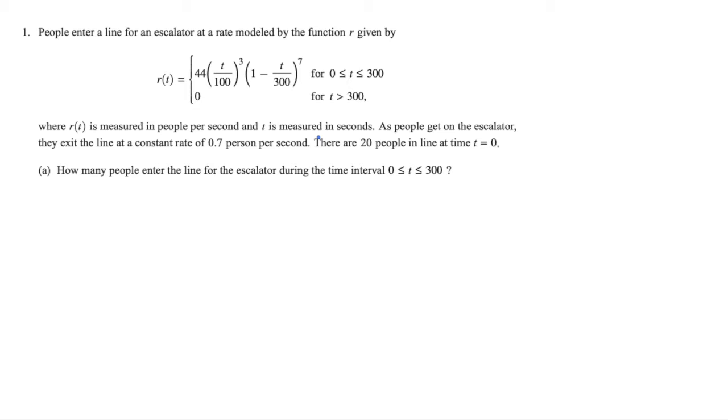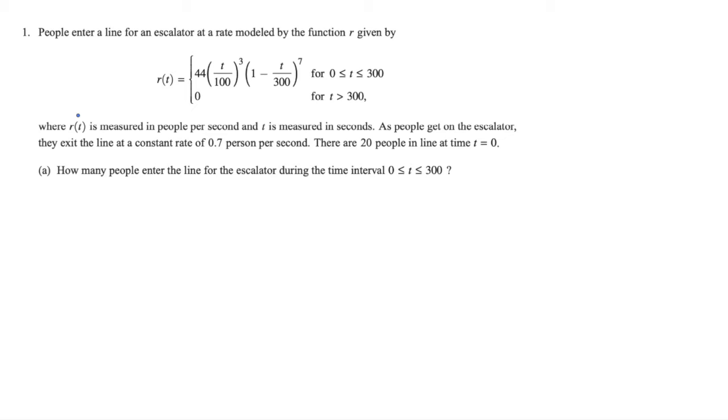People enter a line for an escalator at a rate. Important, this is a rate modeled by the function r. As we can see, the function is only from 0 to 300 seconds. After 300 seconds the rate is 0, people are not entering, so only from 0 to 300, where r is measured in people per second and t is measured in seconds.